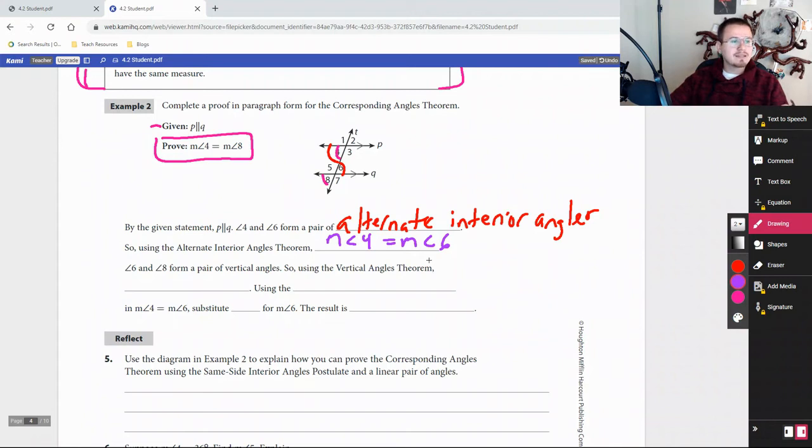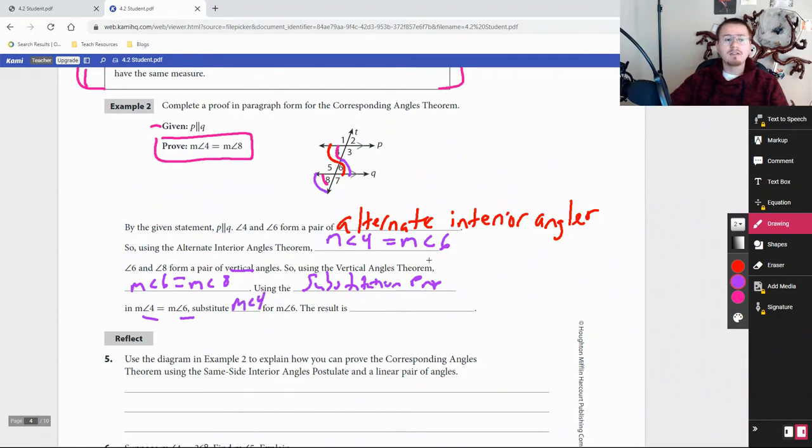6 and 8 form a pair of vertical angles. So using the vertical angles theorem, what does that tell you? That they are the same measure. So using the substitution property of equality, if you put 4 in for 6, you can substitute the measure in.